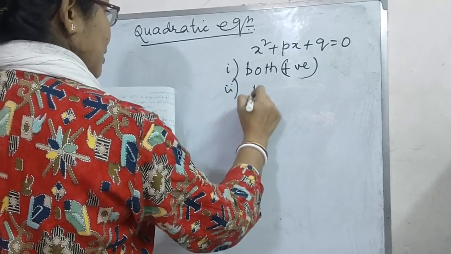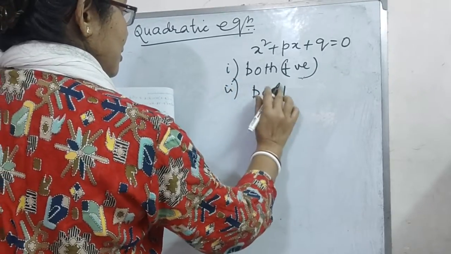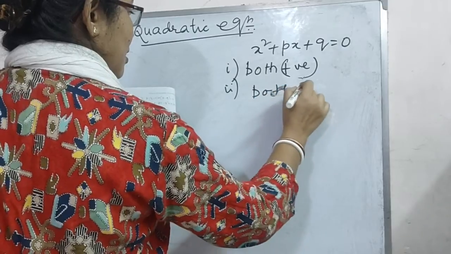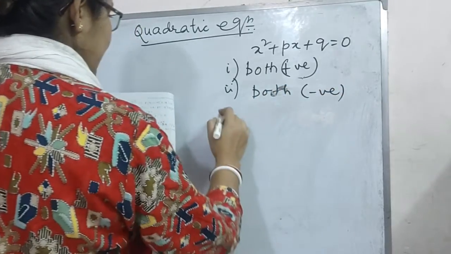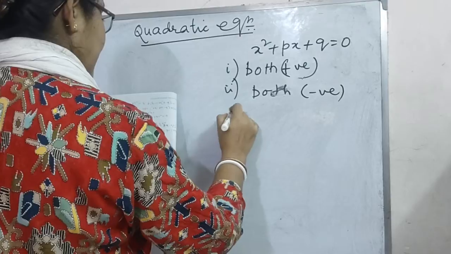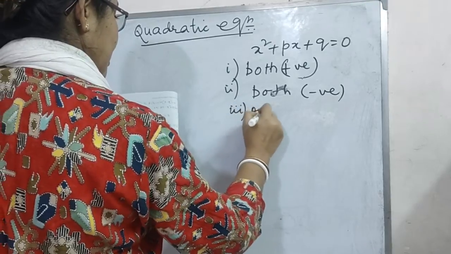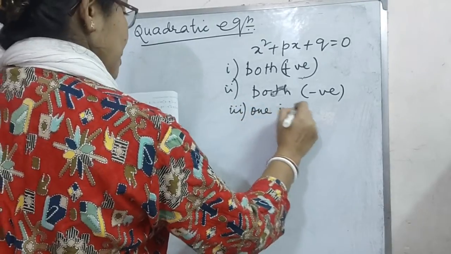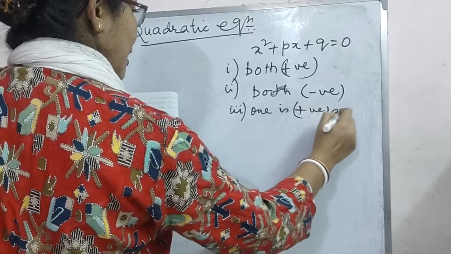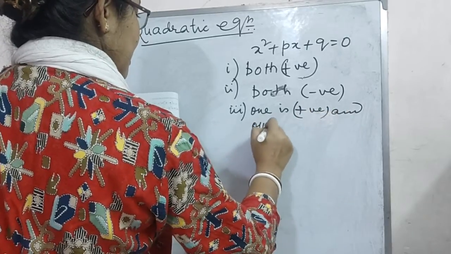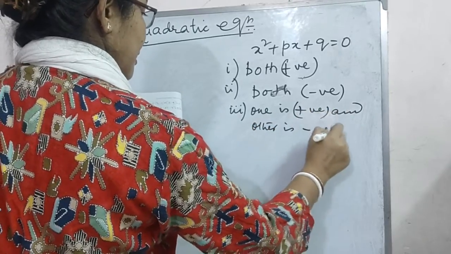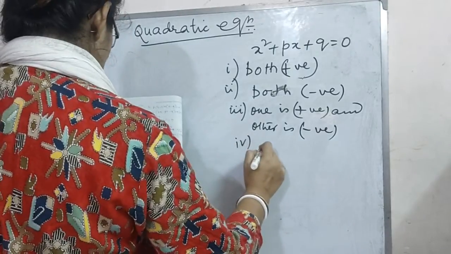Second, both roots are negative. Third, one is positive and other is negative.